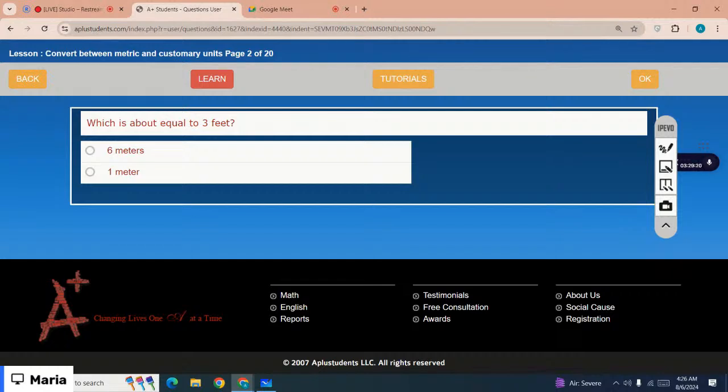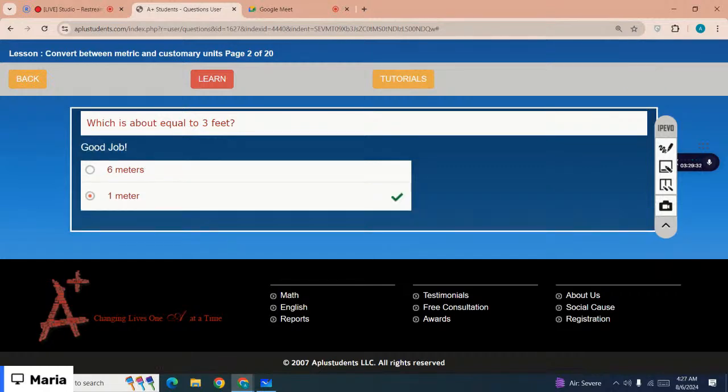That is 1 meter. 3 feet equal 1 meter. Option number 2 is the correct option.